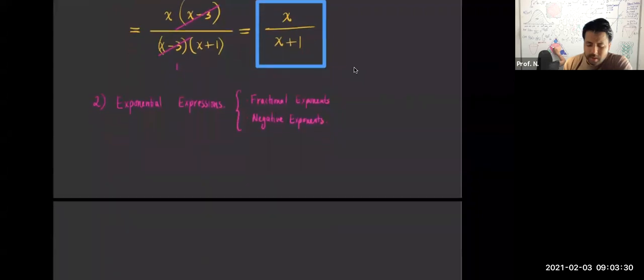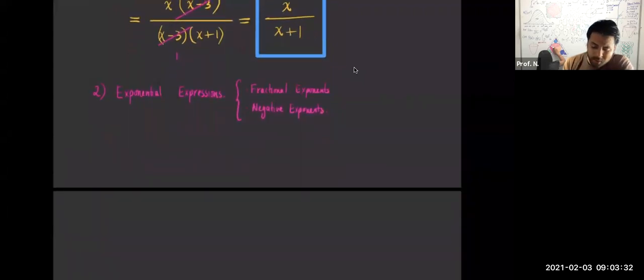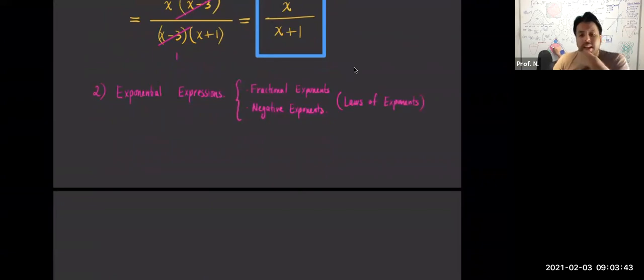And related to all of this are the laws of exponents. These are an essential skill to understand.